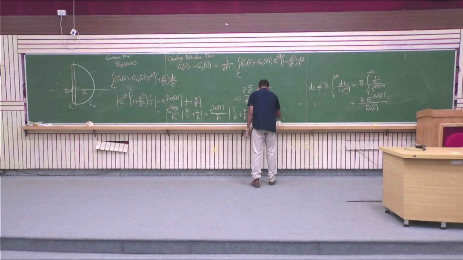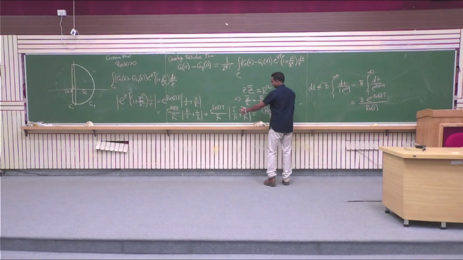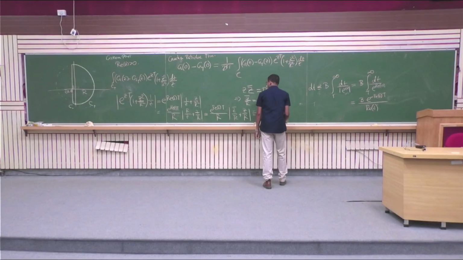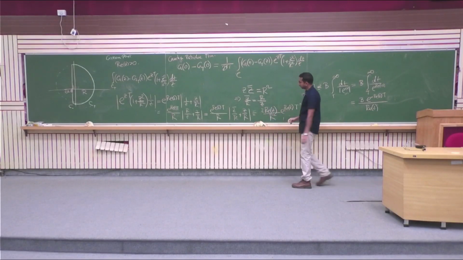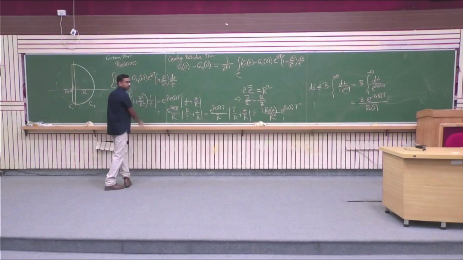The real part of z is positive, so we don't need the absolute value anymore. Multiplying by what was outside, another r, it's r squared and e to the power real part of z times t. That is the absolute value from this one.